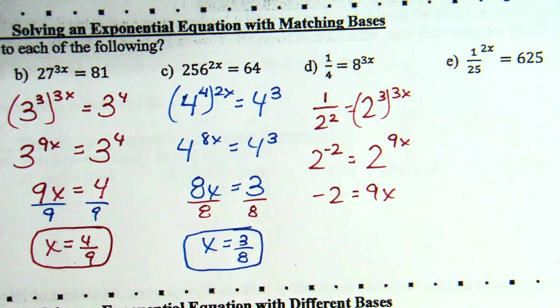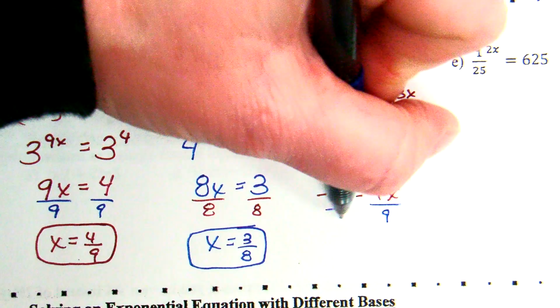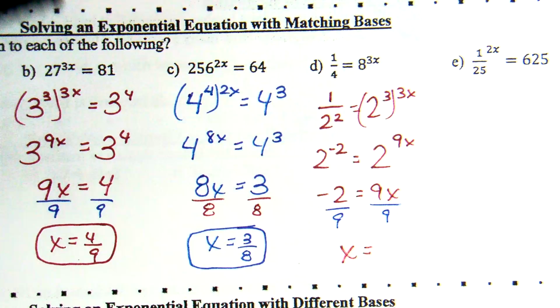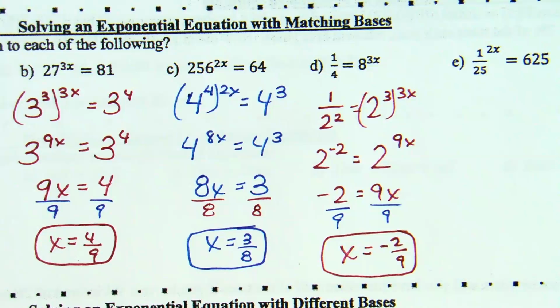How do I solve for x? Divide by 9. What are you going to give me as an answer here? Negative 2 over 9. You could go a decimal direction with these and give me a decimal answer. But on a situation like this, Math Excel is probably going to say, we want a fraction.